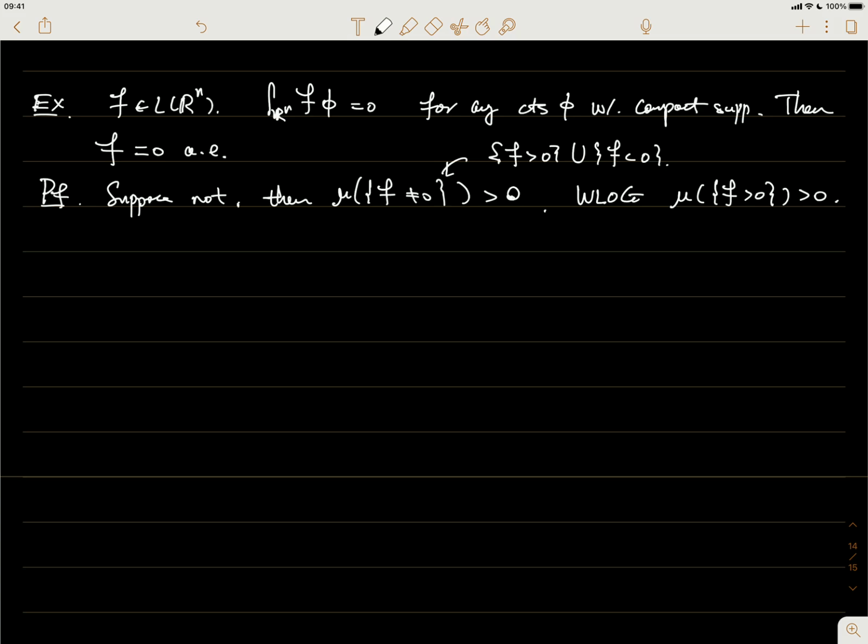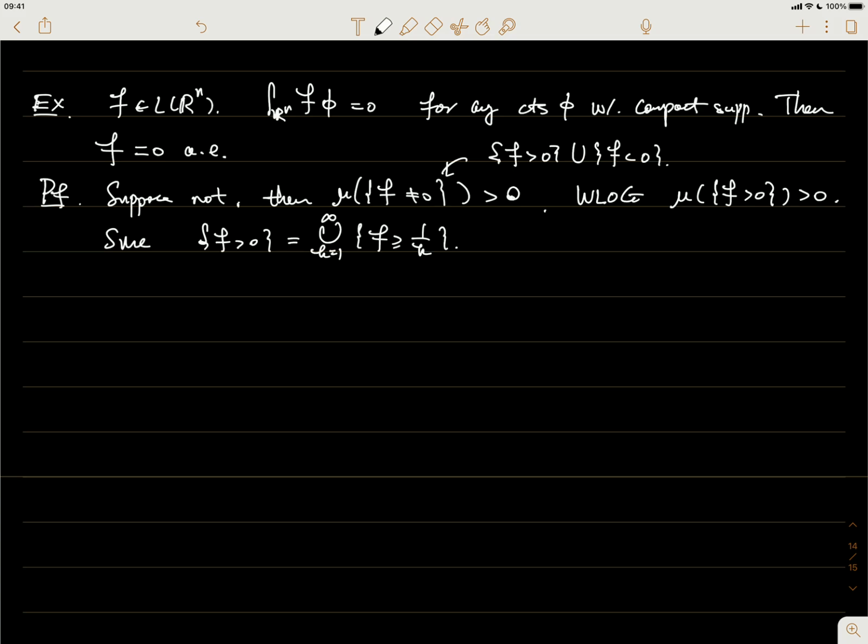Okay, and because the set where f is greater than 0 can be considered as the union of the sets where f is greater than or equal to 1 over k, right?